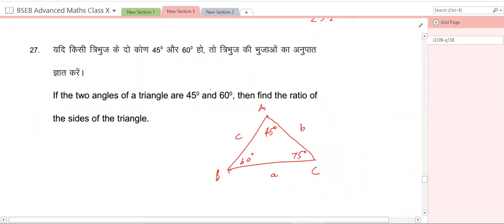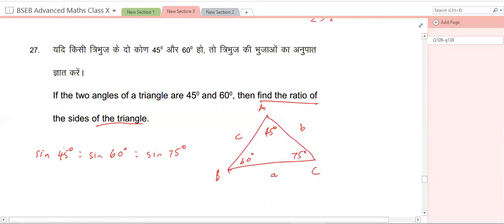So to find the ratio of the sides of the triangles, what we can say is sine 45 degrees is to sine 60 degrees is to sine 75 degrees.